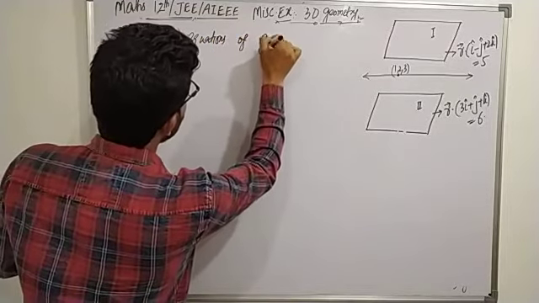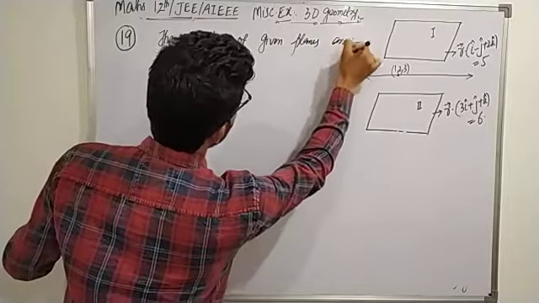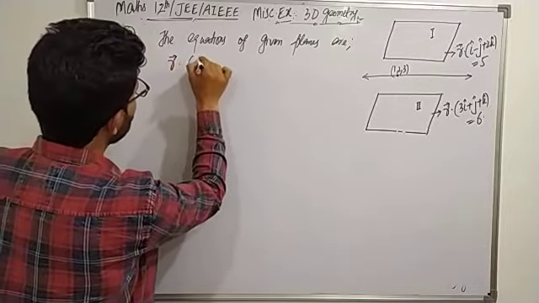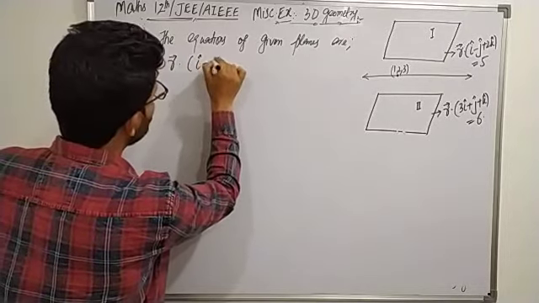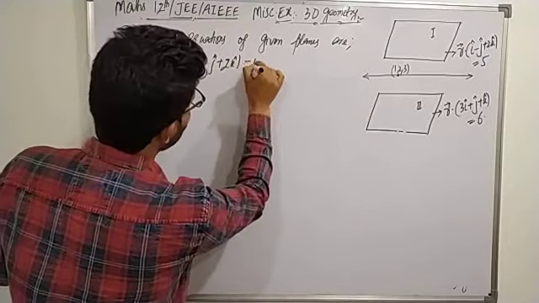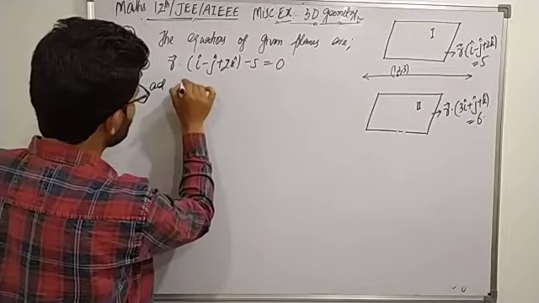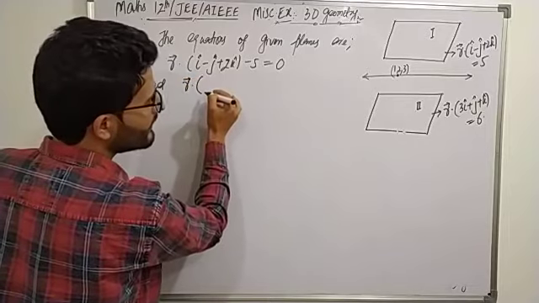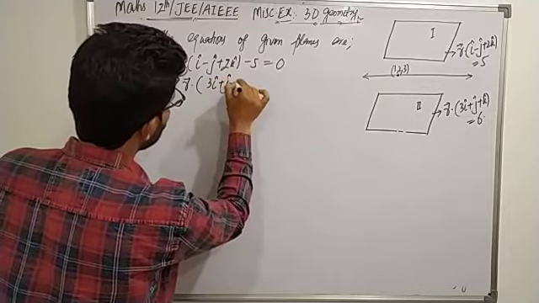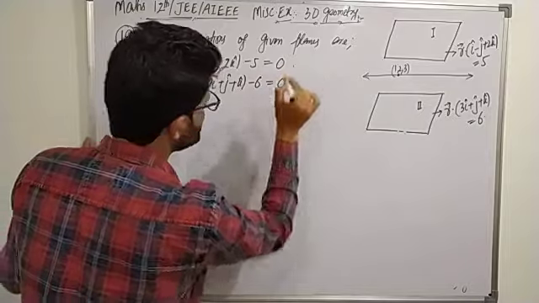The equation of the first plane is r dot (i minus j plus 2k) minus 5 is equal to 0, and the equation of the second plane is r dot (3i plus j plus k) minus 6 is equal to 0.